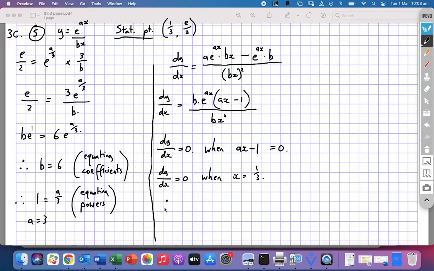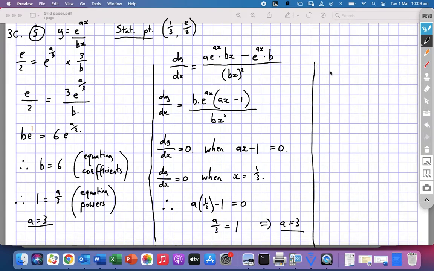Therefore a times 1/3 minus 1 equals 0, so a divided 3 equals 1, and it follows that a equals 3, which is what I had over here.